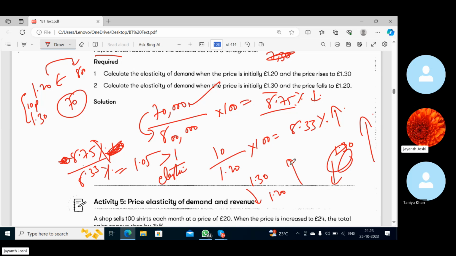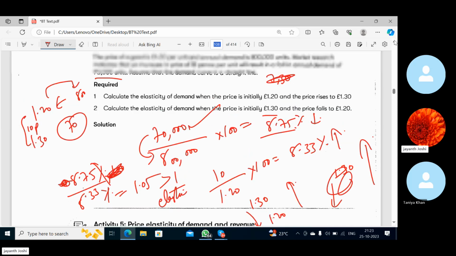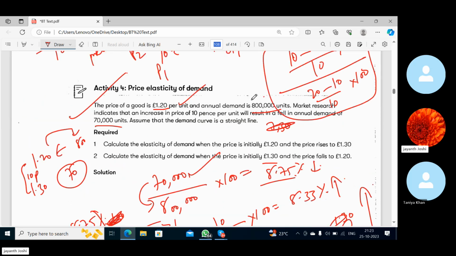So what was the actual demand? See, now you understood, right? The first case: the annual demand was this, the price has increased by this, so the annual demand will decrease by 70,000 units. That means from 8 lakh it will become 7 lakh 30,000, right?